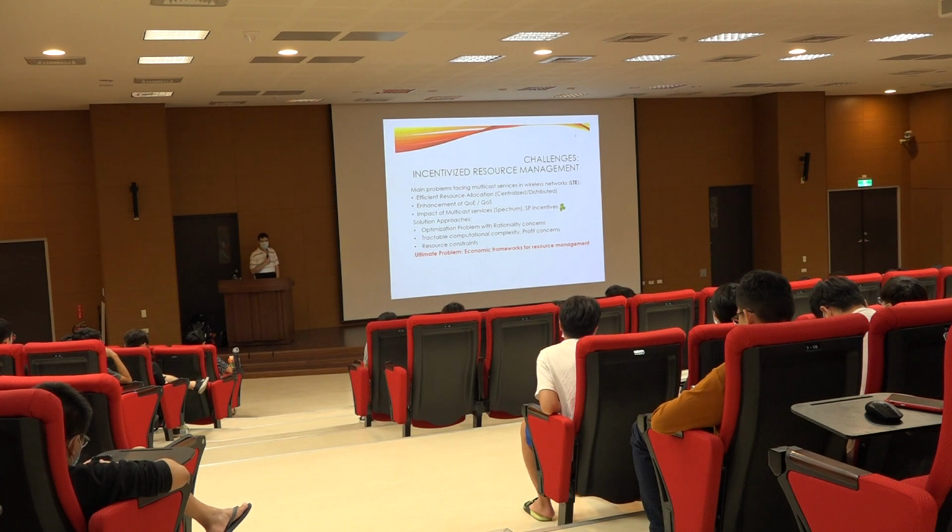How do we incentivize a service provider? Multicast services, typically, if it's considered free to air, such as mobile TV or, I think here, DVB, digital video broadcast. With these free-to-air structures, you can't really charge the end user money because they're not your subscribers, they're just watching it.